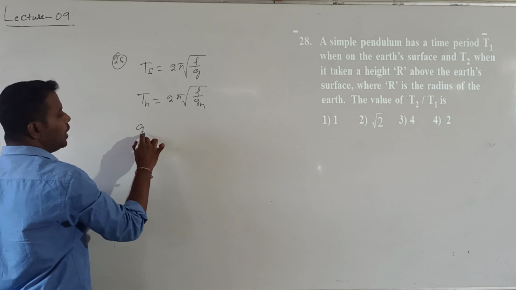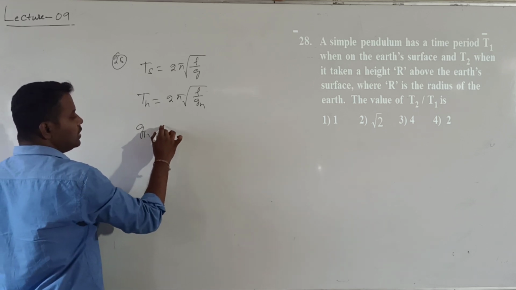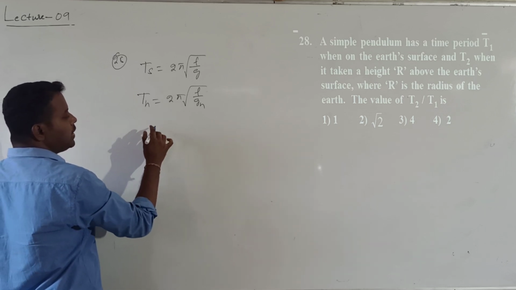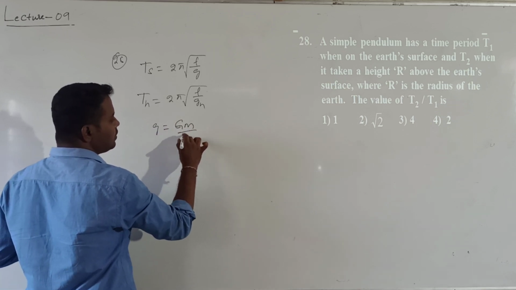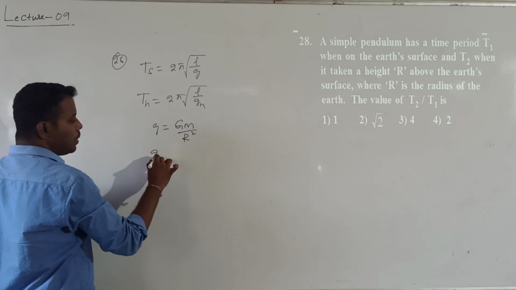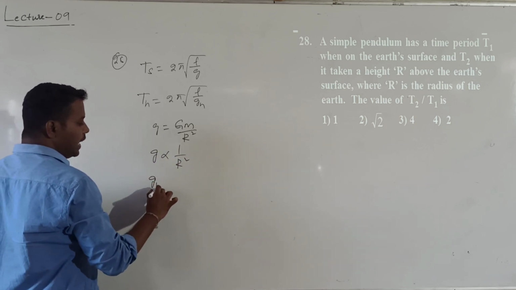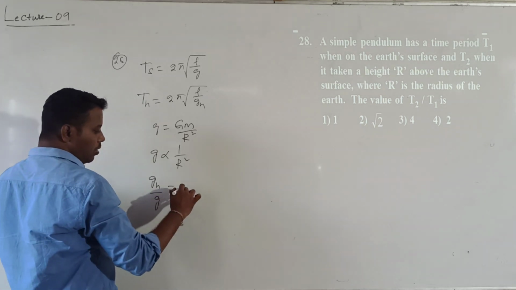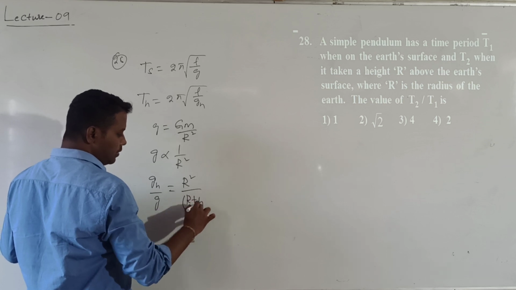But g_h, g is inversely proportional to R square. What is the relation between capital G and small g? So g is equal to GM by R square. So g is inversely proportional to R square. Acceleration due to gravity at a height by acceleration due to gravity on the surface will be equal to R square by R plus h whole square.